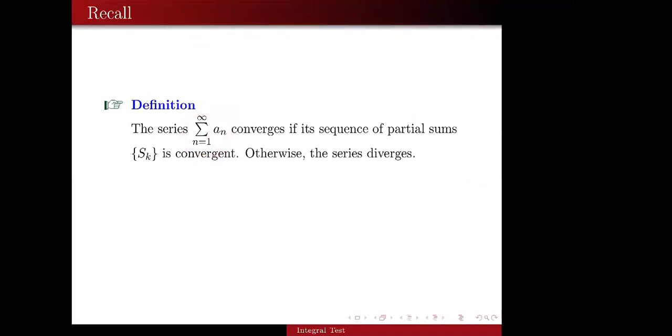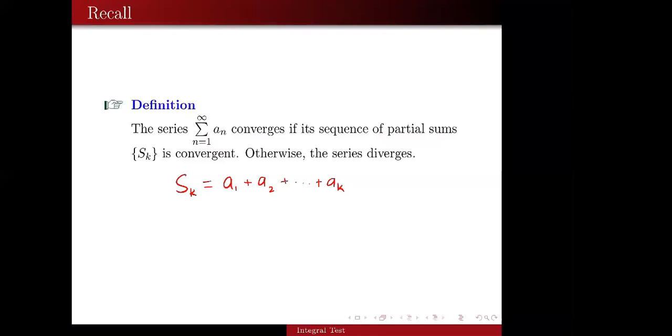This series converges if the sequence of partial sums is convergent. So we recall the sequence of partial sums, the S_k. S_k is just the sum of the first k terms in the series.